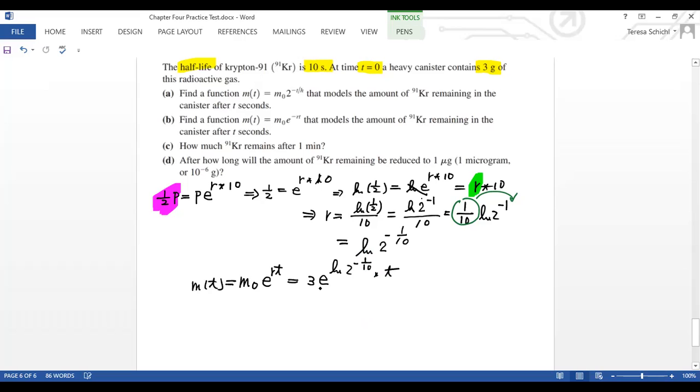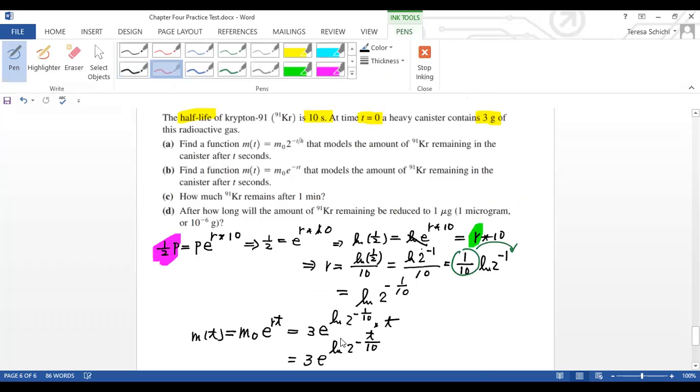I cannot just cancel here. I need to move this t to the inside. So this is natural log 2, negative t, and here's 10. Now e and the natural log, I can cancel that out.